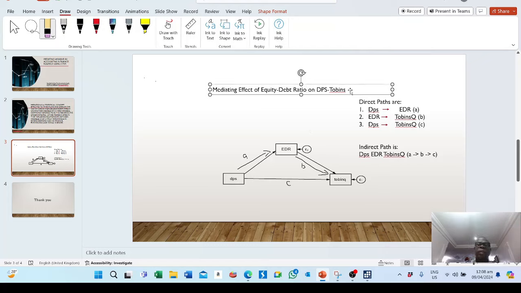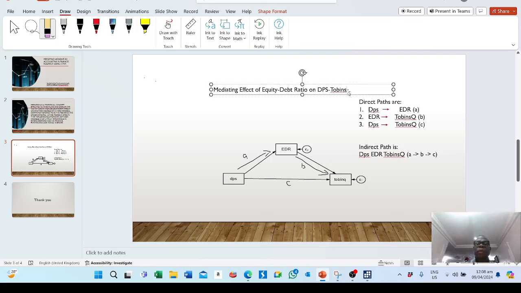The hypothesis could be: is equity to debt ratio able to mediate between dividend per share and Tobin's Q?